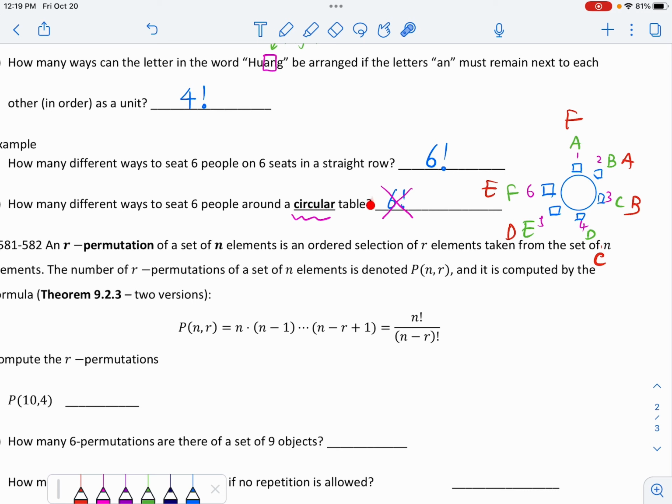So if you do it that way, you're counting these as different seatings. However, they're considered to be the same.